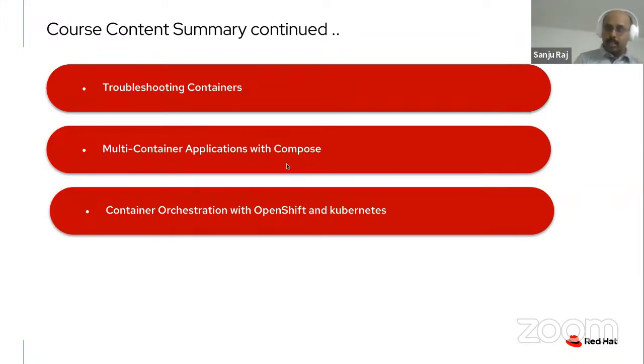Then we are talking about multi-container applications with Compose. If someone has heard about Docker Compose, it's similar to Podman Compose, which we have. Using this, we try to create a multi-containerized application that can be deployed onto our standalone host. So we introduce you to Podman Compose and how the Compose file looks, and the different components you can define inside it: the services you want, the list of volumes you need to create, the different networks, the images it has to use, any environment variables, any ports.